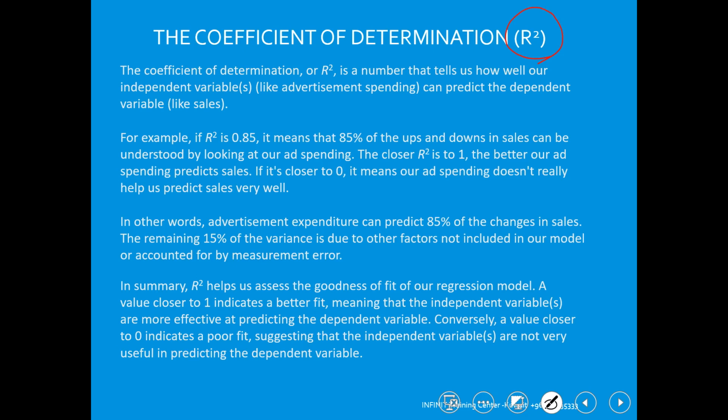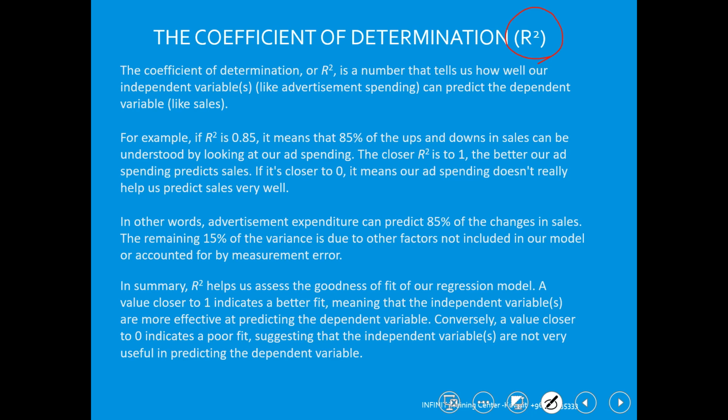This is a number that is telling us how well the independent variable can predict the dependent variable. Or we can say how well you can predict sales from the value of advertisement. So this is what we call the coefficient of determination.